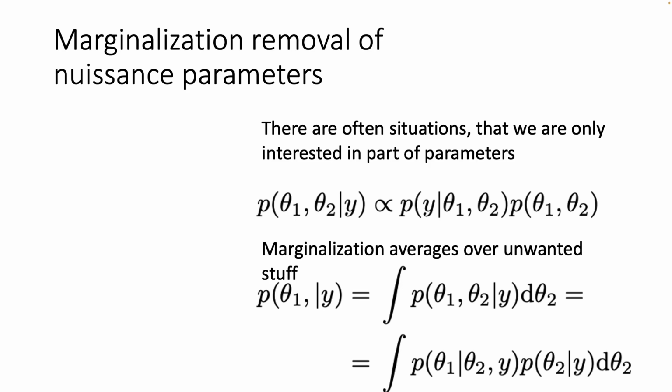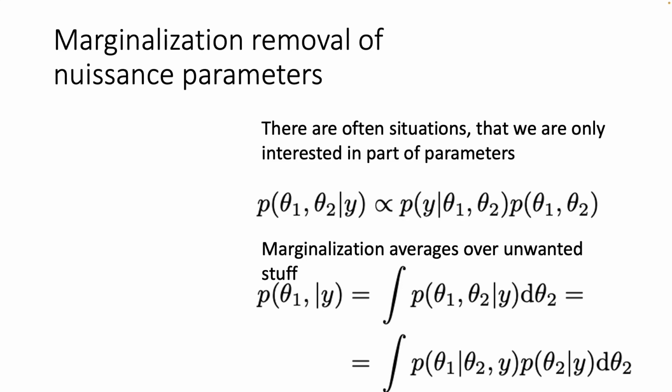Again, this integral is not something that we will be computing directly. We will be able to get those marginal distributions of parameters rather easily through Bayesian computation in the future. But be aware that the process of marginalization is the averaging of everything that we are not interested in.